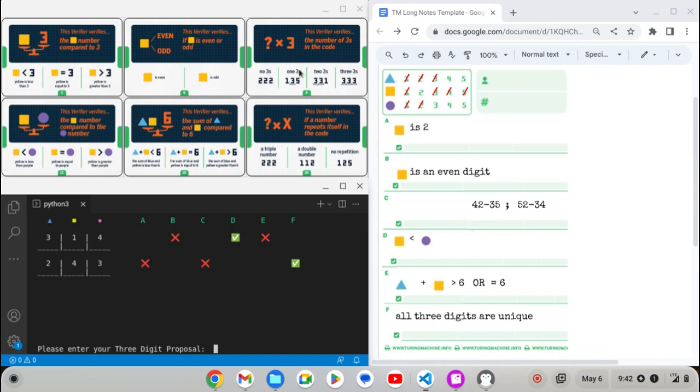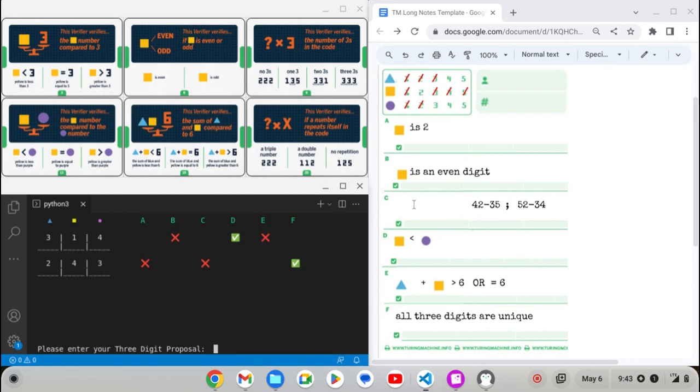But now the Turing Machine tells me that no, it is not correct to have a single 3. So in fact, there is no 3.